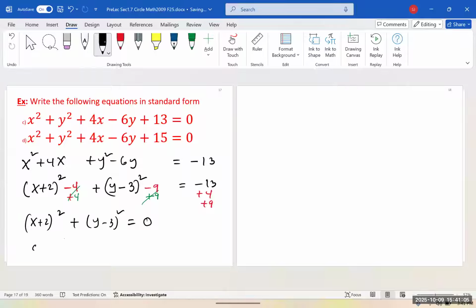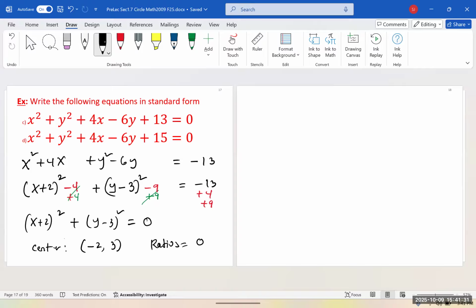So what's the center of the circle? And how much is the radius? 0. Now my question is, what type of circle has radius 0? It's not a circle, then what is this?